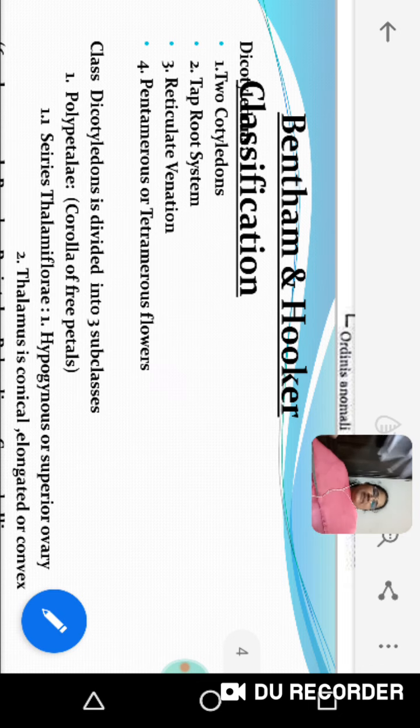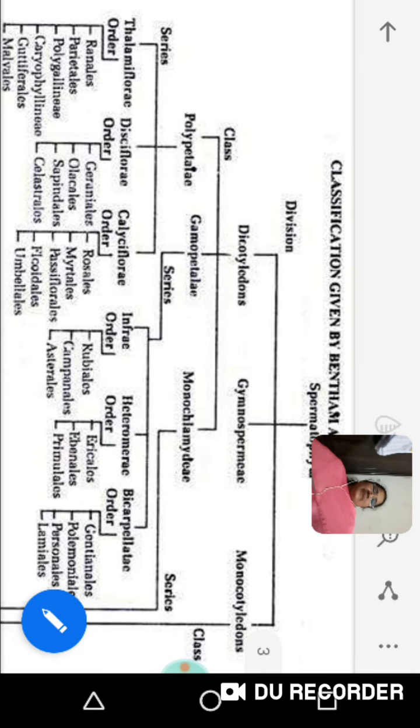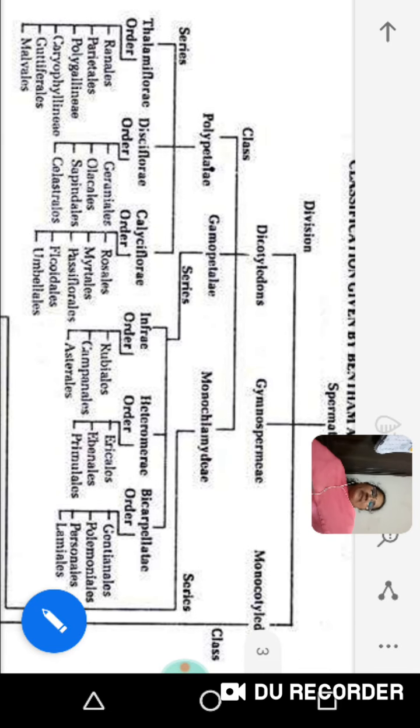So if a plant satisfies all these 4 characters, those types of plants are categorized under Dicotyledons.